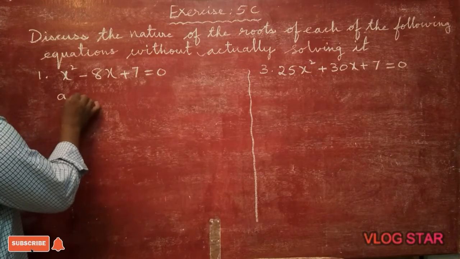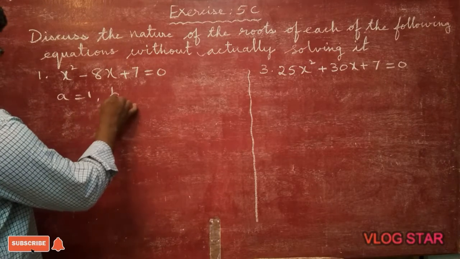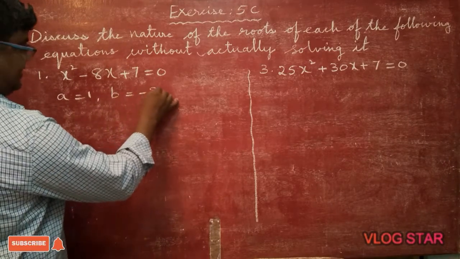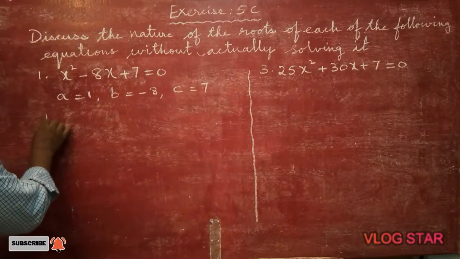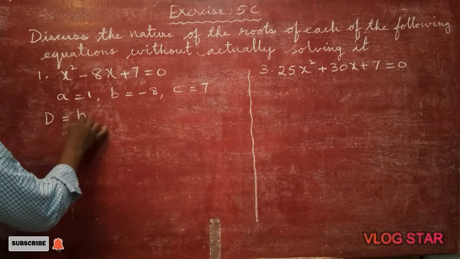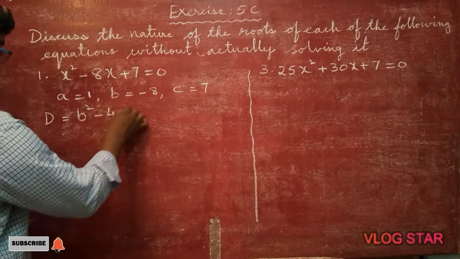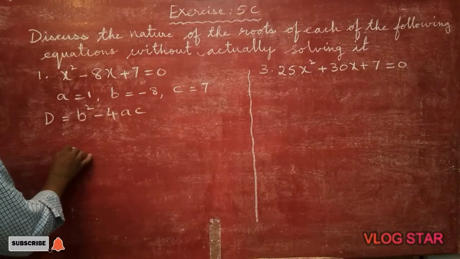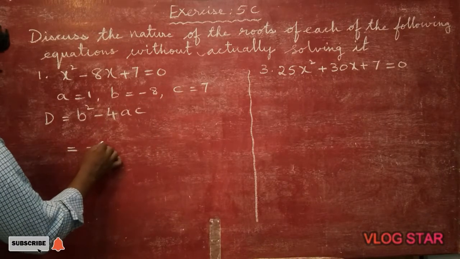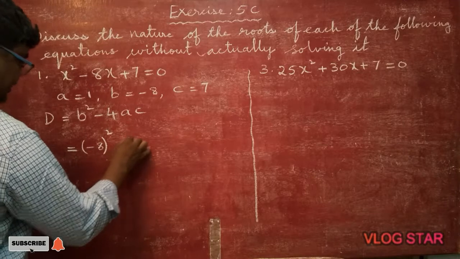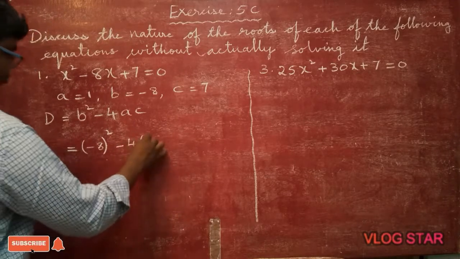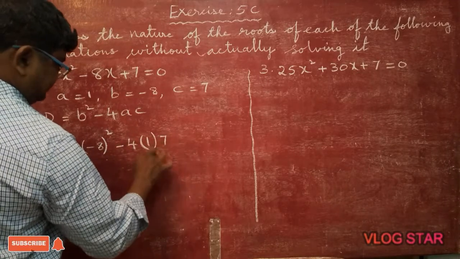Here we know a is equal to 1, b is equal to minus 8 and c is equal to 7. What is the formula for D? B square minus 4ac. What is b? Minus 8. Minus 8 whole square minus 4 into 1 into 7.